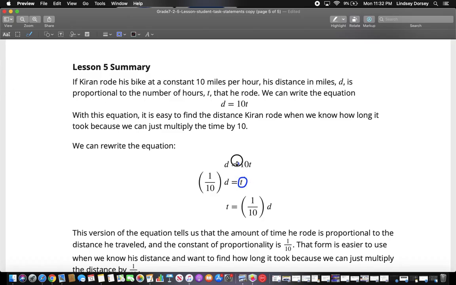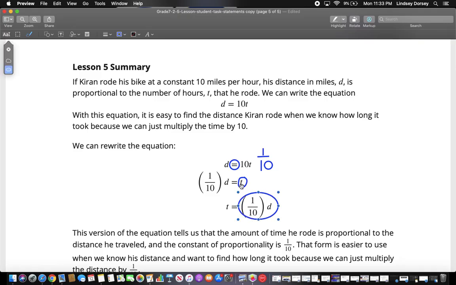But because this equal sign means equal, it's just like a balance. So it means we have to keep the equation balanced. So if I multiply this side times 1/10, then I must also do that to the other side. So 10 times 1/10 is 1, and 1/10 times d is 1/10 times d.